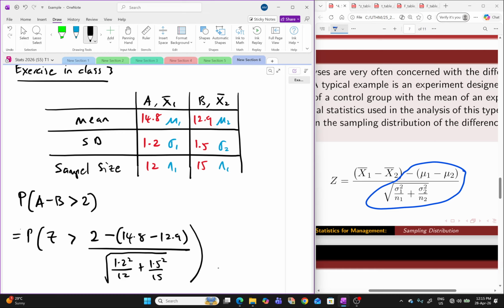Straight away do this. Now you guys proceed, calculate, use the table, let me know what is the answer.